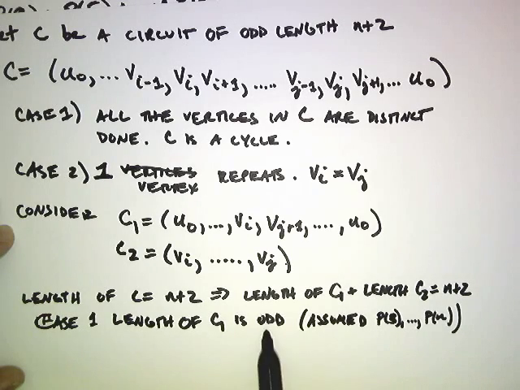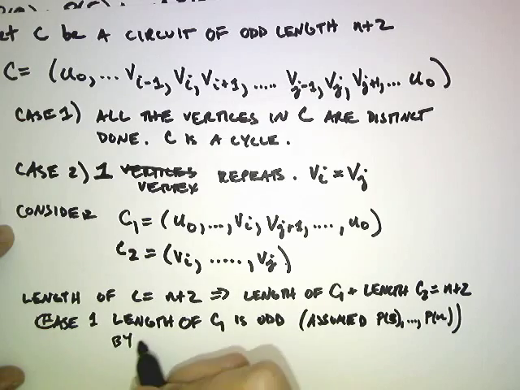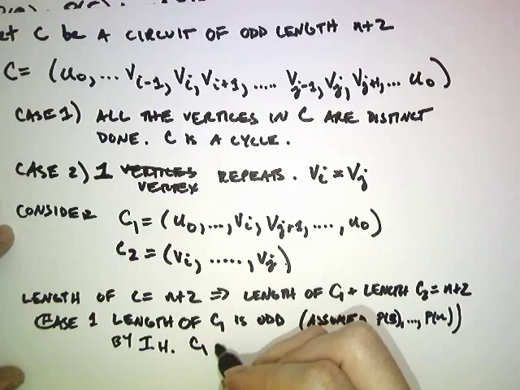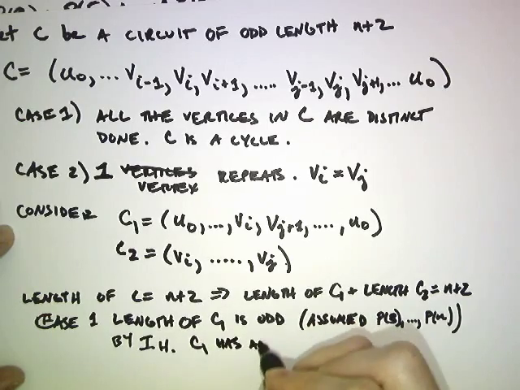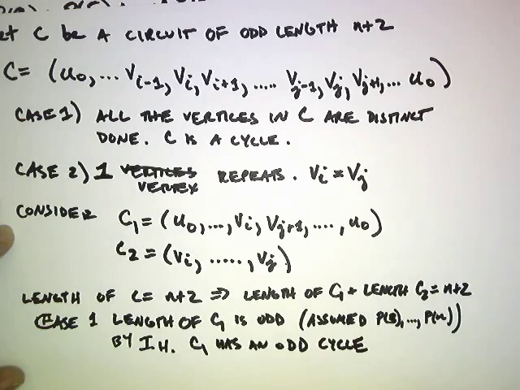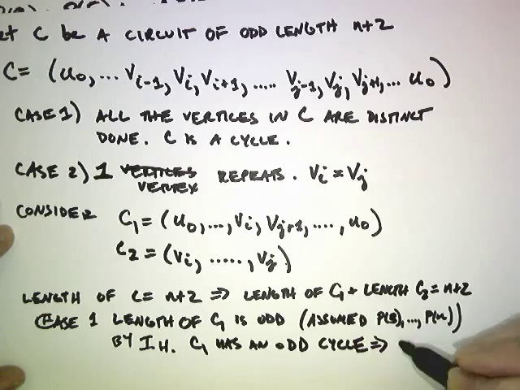So if the length of C1 is odd, it must correspond to one of these P3, P5, P7 all the way up through P of n. And so by the inductive hypothesis, C1 has an odd cycle. If there's an odd cycle sitting somewhere in C1, obviously the graph has an odd cycle.